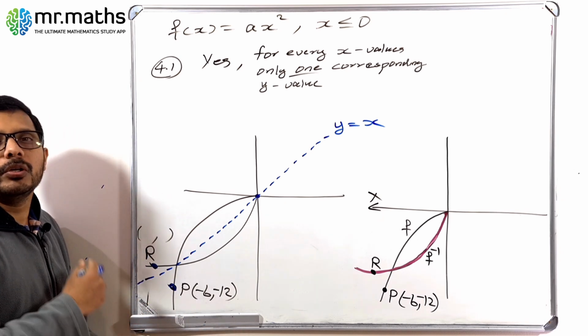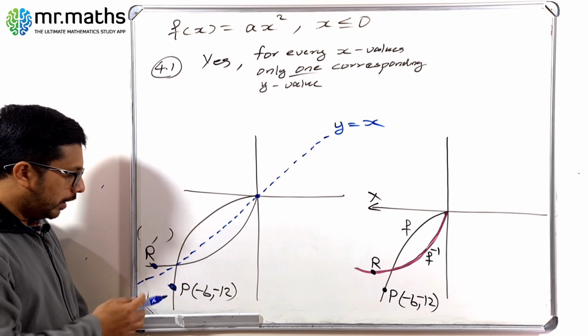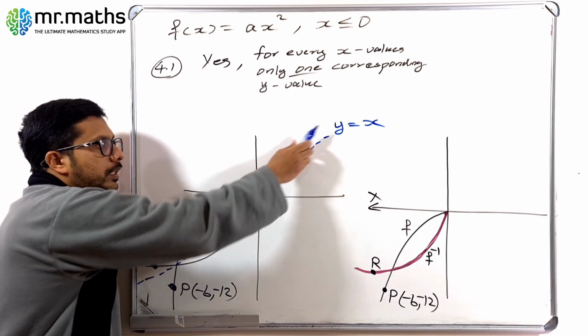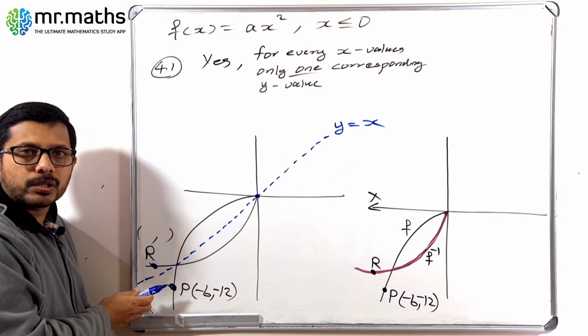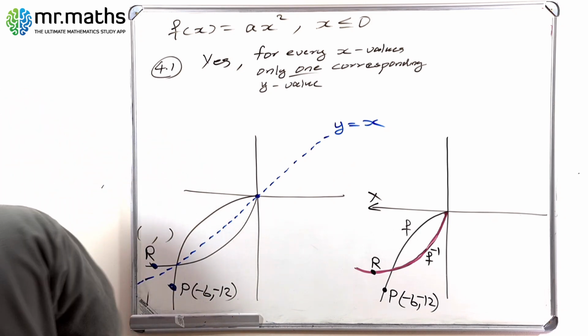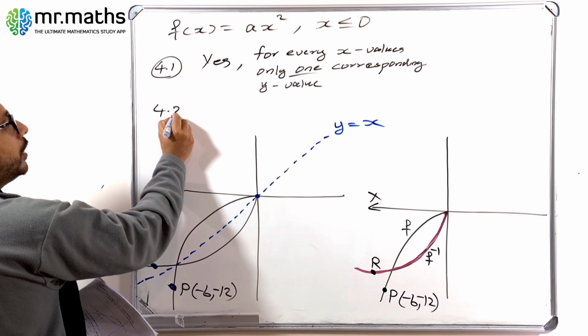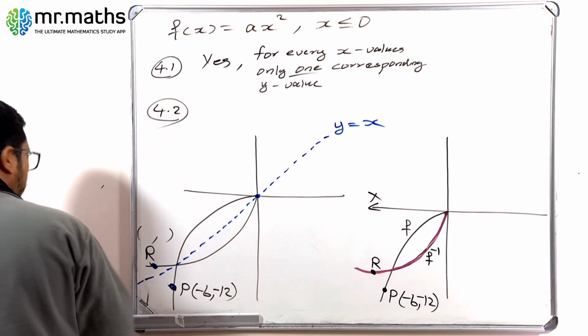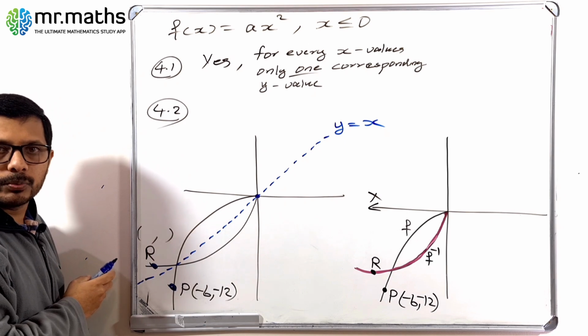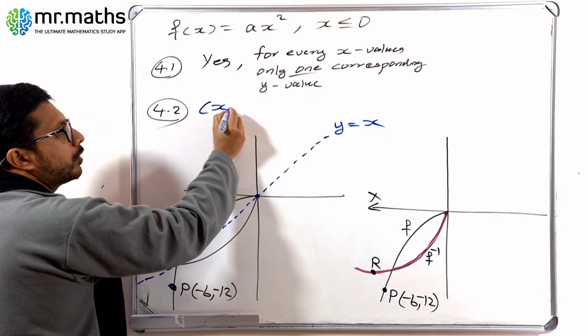Okay, so you have to understand one thing. If a point is reflected based on the line y is equal to x, what are you supposed to do? You studied in small classes.